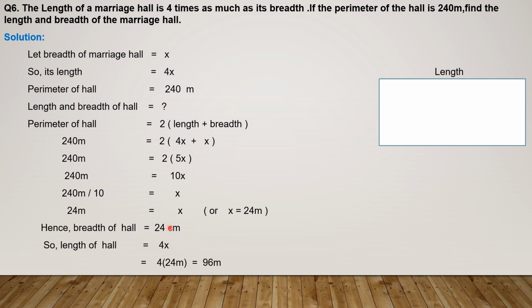This is not cm, this is meter. Got it? Meter is given in the question. So multiply 4 with 24 and we will get 96 meter. So the length of the hall is 96 meter while the breadth is 24 meter.